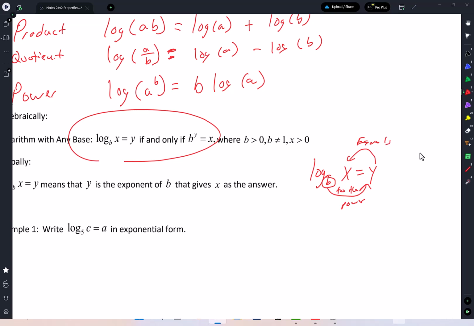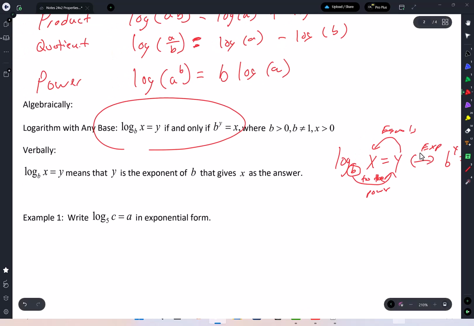So b to the power of y equals x. See? Cool or not cool? It says to the power. It says equals. So start at the base.